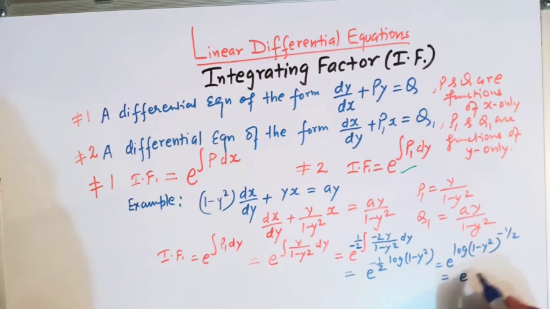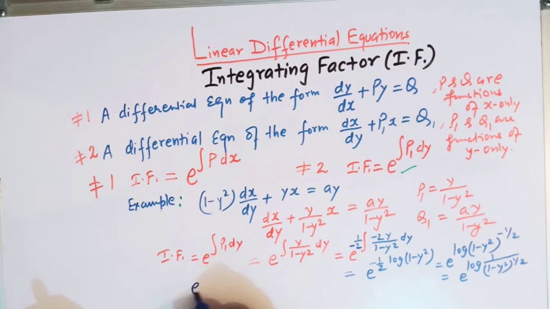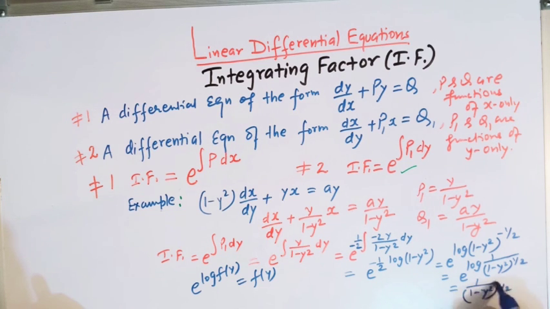This can further be written as e raised to log (1/(1 − y²)) raised to 1/2, right? Now again, using the formula e raised to log of f(y) is equal to f(y), this expression becomes 1/(1 − y²)^(1/2), or this can be written as 1/√(1 − y²).